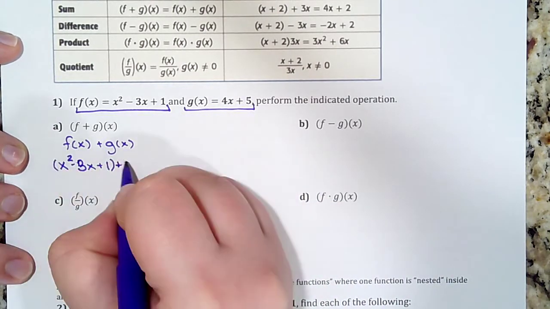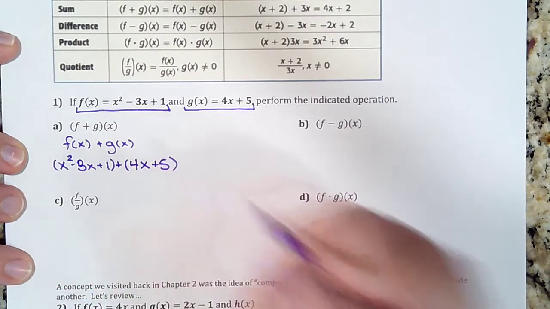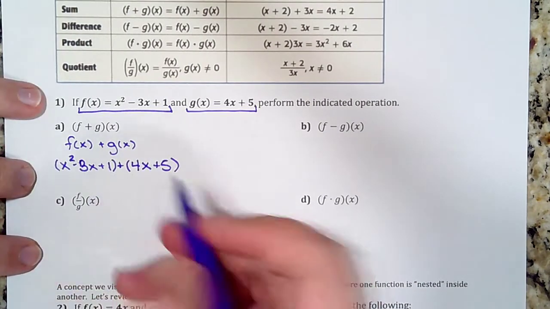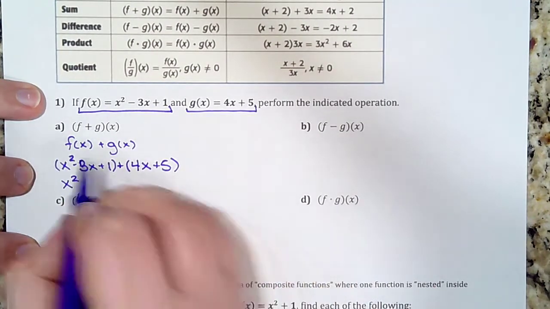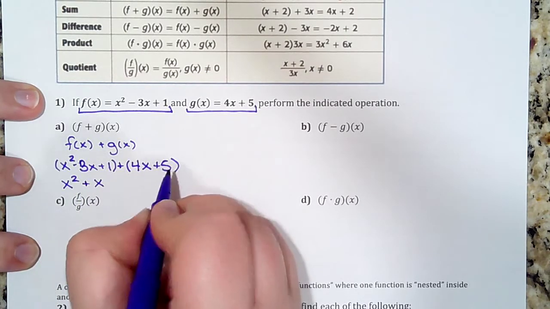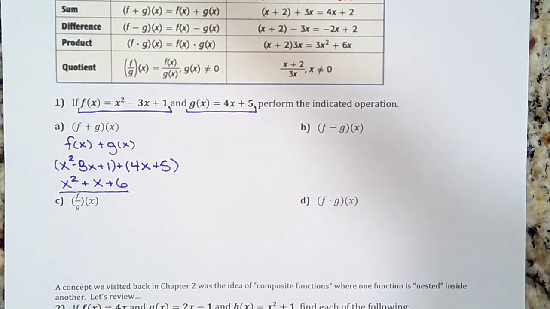I'm going to put these in parentheses just like I did before so I don't mess up any signs, plus 4x plus 5. From there, it's just simple addition. X squared, negative 3x plus 4x is plus x, positive 1 plus 5 is plus 6. That is my answer for f plus g of x.